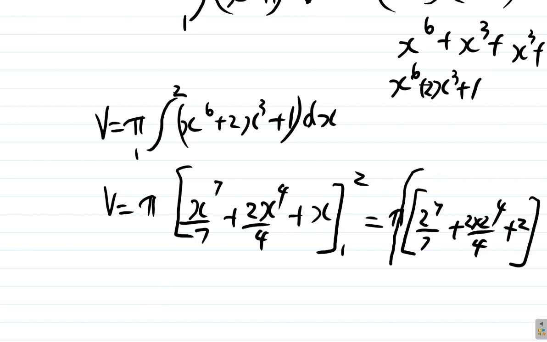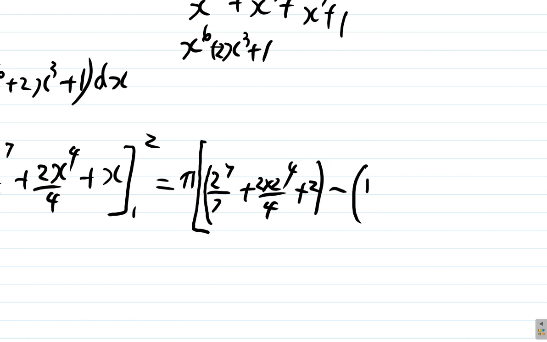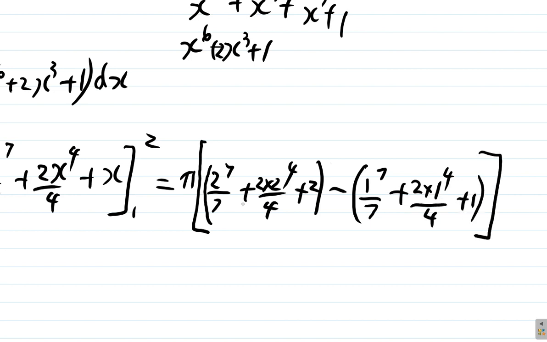Now, all of that minus, let me put round brackets here, followed by square brackets, and the pi multiplies all of it. So it's going to be 1 to the 7 over 7 plus 2 times 1 to the 4 over 4 plus 1, close round bracket, close square bracket. Alright, good.